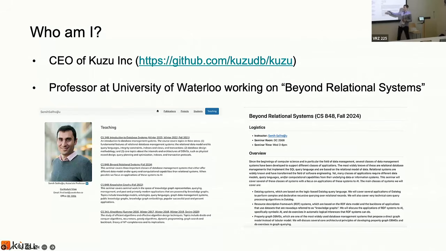This is my university website, and you can see, for example, I give seminars with the same title, Beyond Relational Systems, PhD seminars, also PhD seminars on knowledge graphs. These are the topics that I generally work on. I work on systems like property graphs, RDF systems, or Datalog logic-based systems, things that go beyond the traditional relational systems. You can find a lot more depth in some of the seminar readings on my university website.